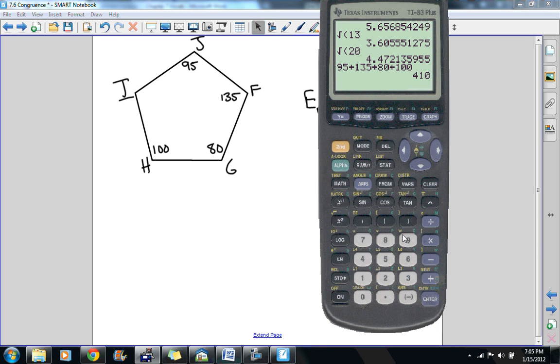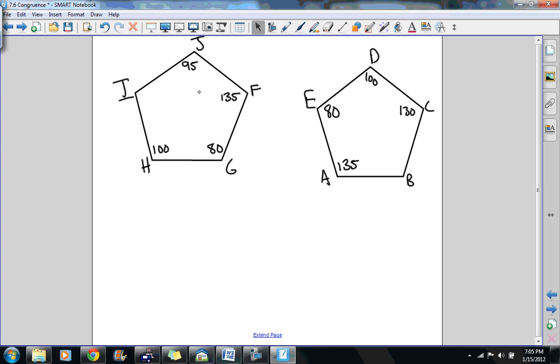We currently have a 410. So if I did 540 minus that 410, I would realize I have 130 degrees left. So I'll fill that in here by putting in 130 degrees. And then over here, I notice that the triangle that we have left over would be 95.